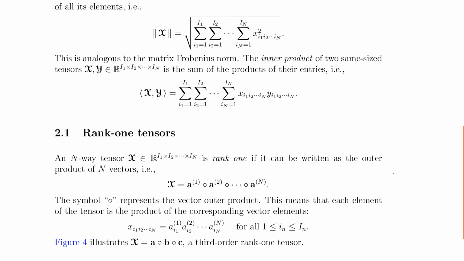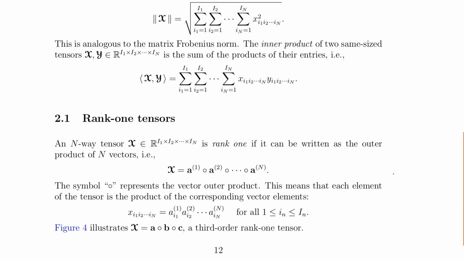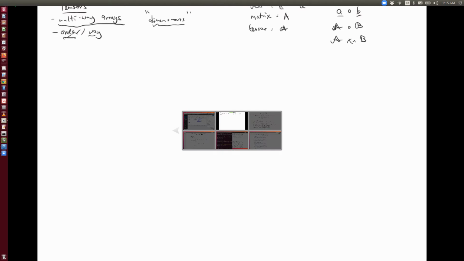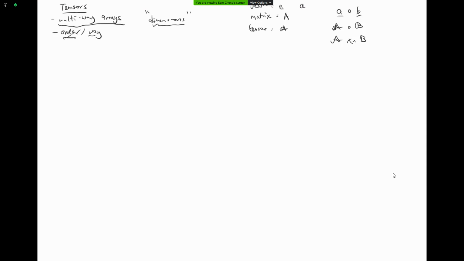And I guess one important concept to talk about is the rank-one tensor, or actually the rank of a tensor. It's related to how we define the rank of a matrix as well.